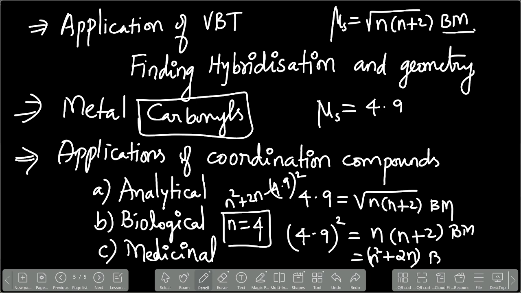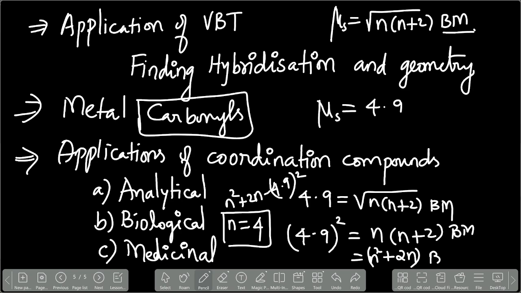There are 3 applications we have: analytical use, biological use, medicinal use. Definitely you can expect 1-2 questions from these applications. So don't forget analytical use, the extraction process, then the isolation process. Isolation of metals and extraction of metals. And in dyes also we are using them. Biological use, hemoglobin and chlorophyll.